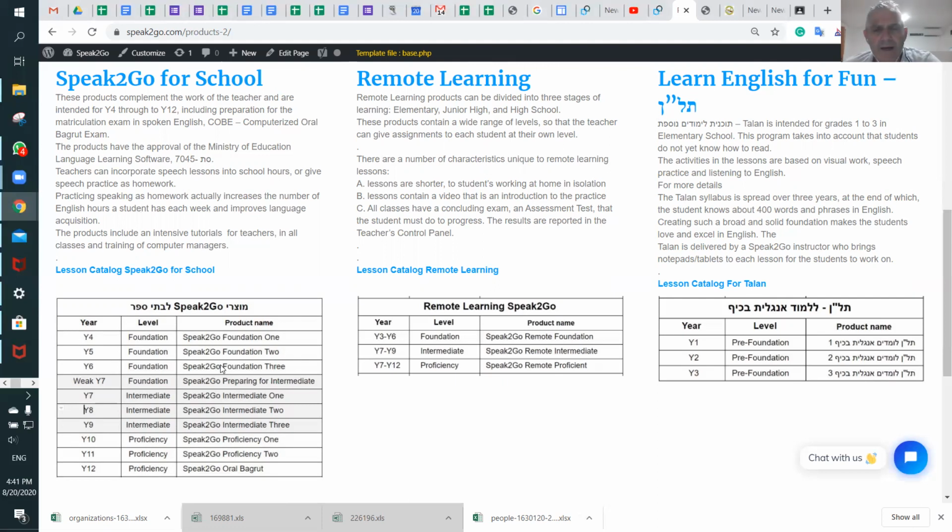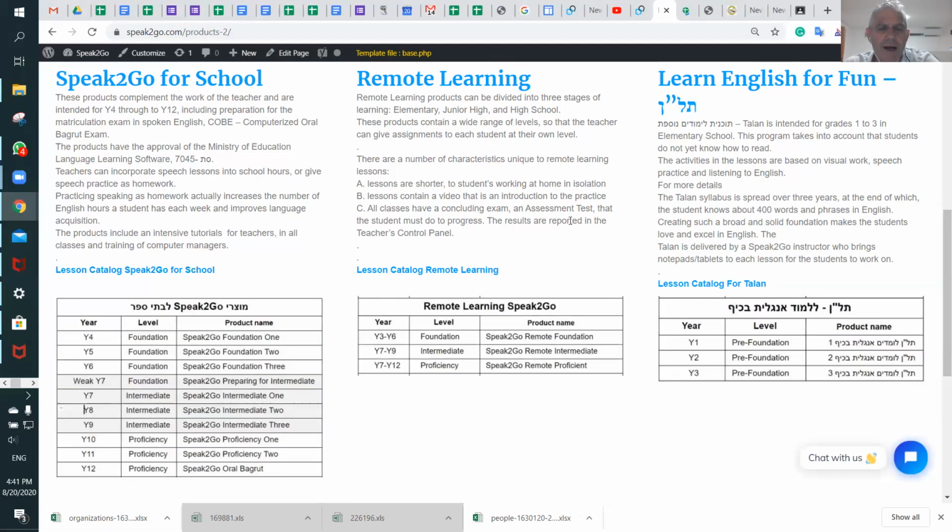So if you have a class and the class is a little bit weak, so you give them the standard, for example, year 7, the Speak2Go intermediate one, and also you can give them the Speak2Go preparing for intermediate product as well. To explore what's going on exactly, there is a link here, and you can enter this link. And while you will click on this link, it will open the catalog and will give you all the details about all the products.